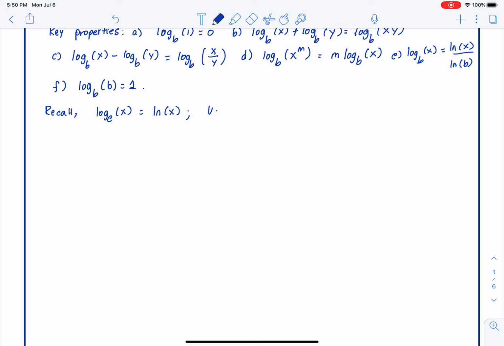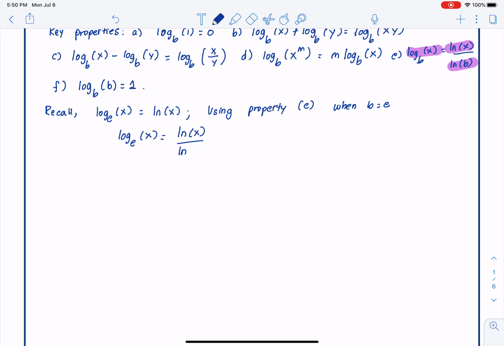Now, using property e, which is right over here, if I replace b by e, I would end up getting log base e of x equals ln of x over ln of e.